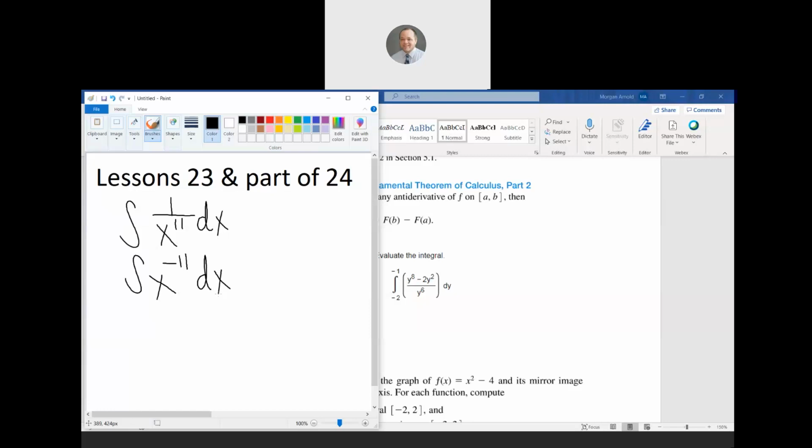Now, reversing the power rule, we will add 1 to our original exponent. And instead of multiplying, remember the opposite of multiplication is division. So we'll divide our antiderivative by our new exponent. And that gives us x to the negative 10th power over negative 10.